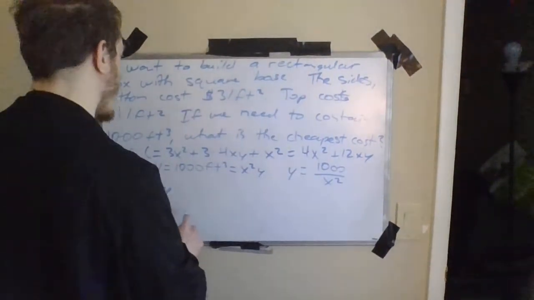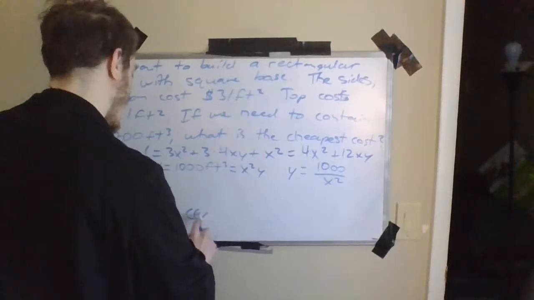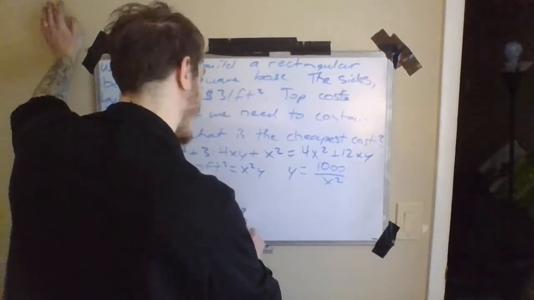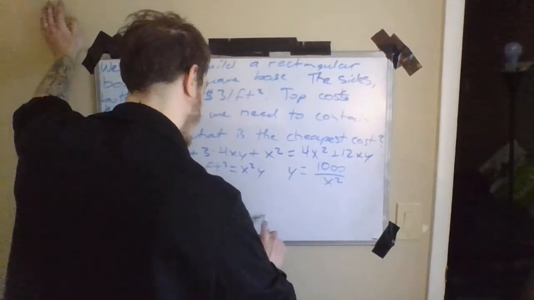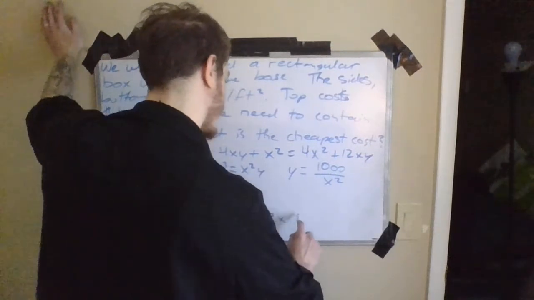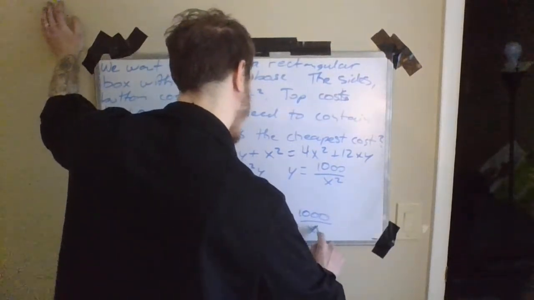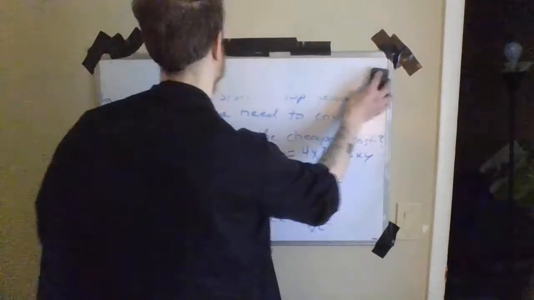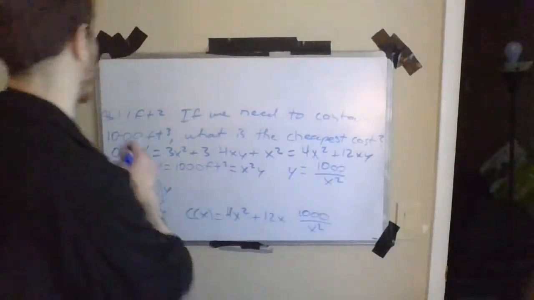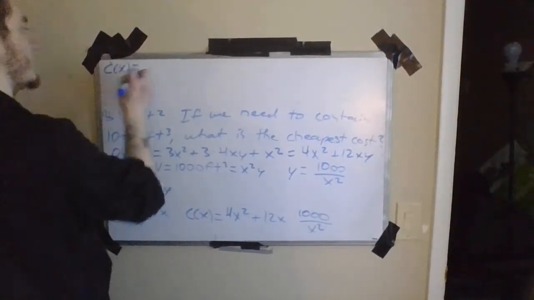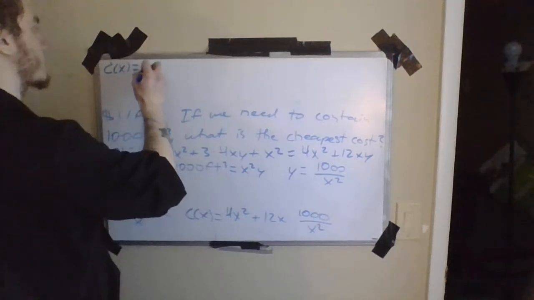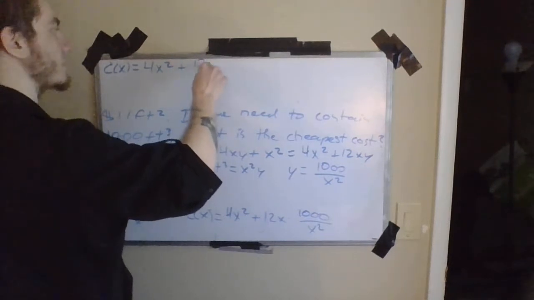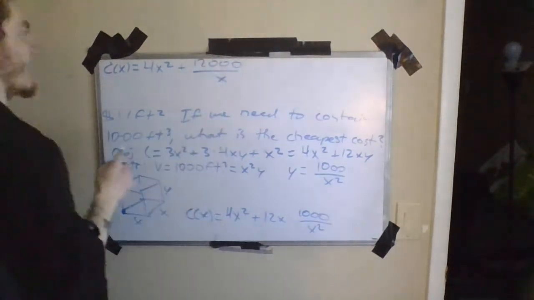So we can rewrite our cost equation as a function of x alone and say c of x is equal to 4x squared plus 12x times 1,000 divided by x squared. And that is going to give me c of x is equal to 4x squared plus 12,000 divided by x.